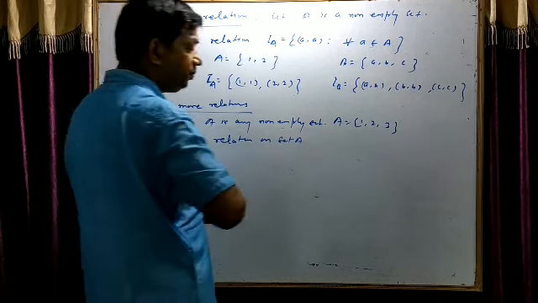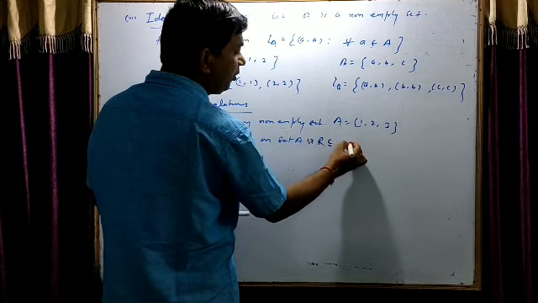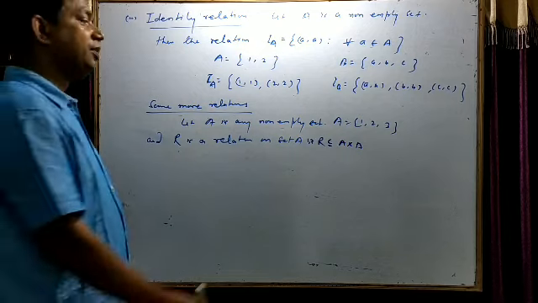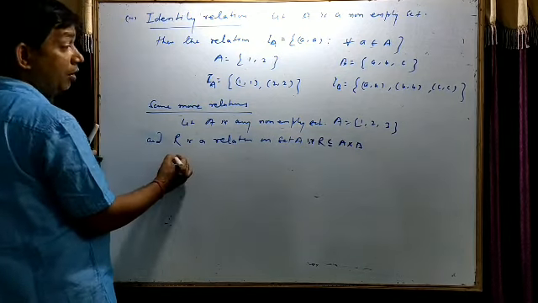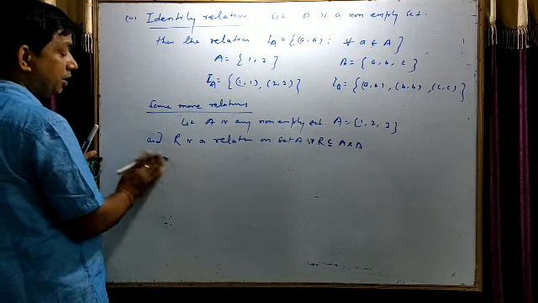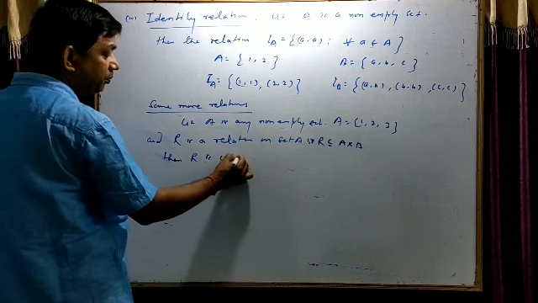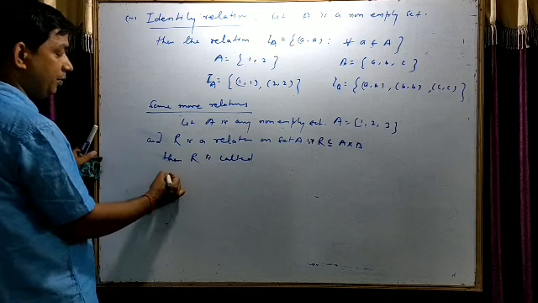R is a subset of A cross A. Now R is called number 1, reflexive.